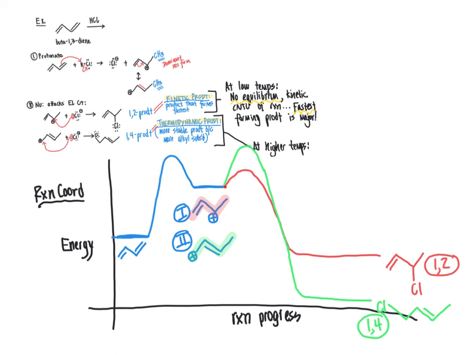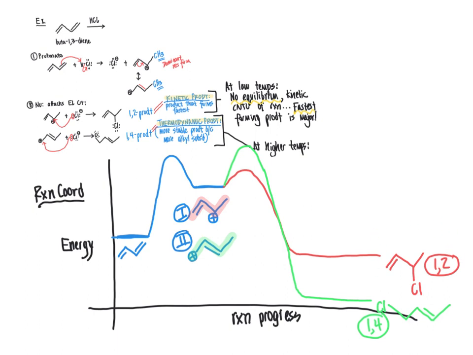That's going to be this red point here, the lower mountain to climb. That's going to be the favorable one for this low energy reaction with very little heat available. And so the product comes over to here, and there's going to be no equilibrium because there's not enough heat to send the reaction back in the other direction. And so at low temperatures, we're stuck with the 1,2 product. That is the fastest product to form here.